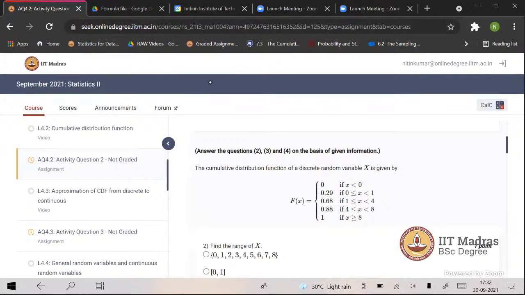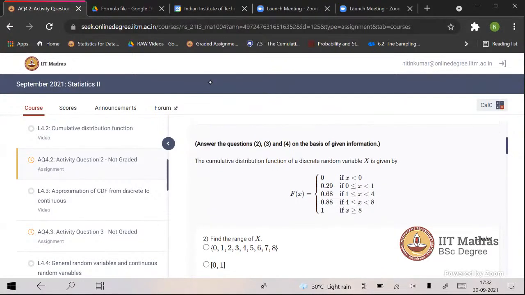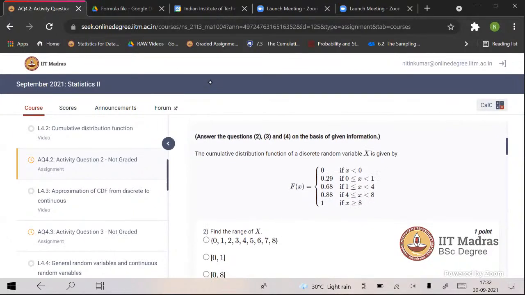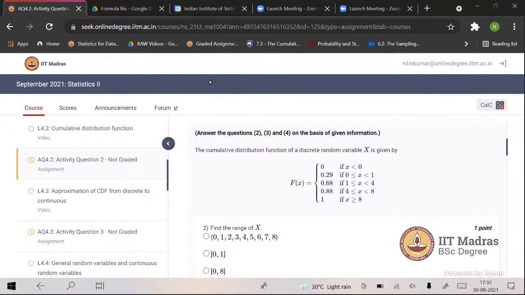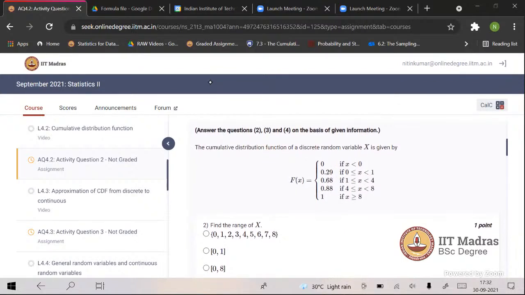If it is not given, can you distinguish whether this is a discrete random variable or a continuous random variable? Let's say no information is given to you. It is saying that it is the CDF of a random variable x. Now you need to distinguish whether this x is a continuous random variable or discrete random variable.